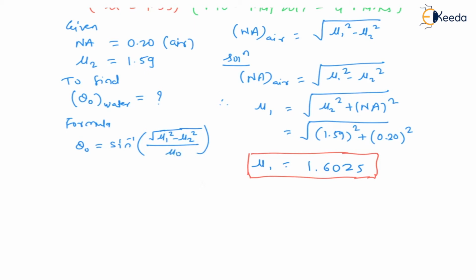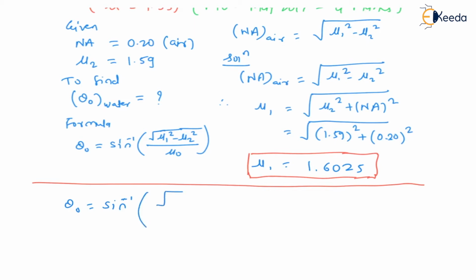So I'll write the next solution as theta naught will be equal to, again I'll write the formula over here, sine inverse of under root mu1 square minus mu2 square whole divided by mu naught.